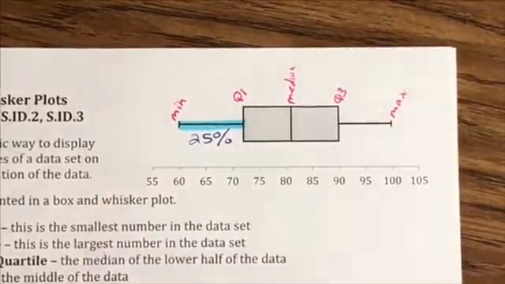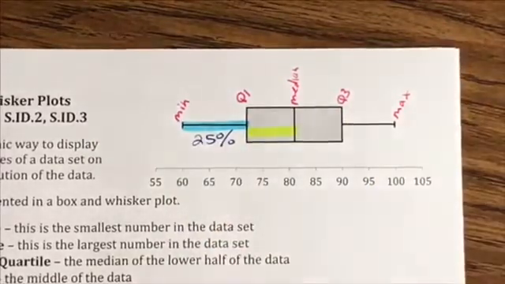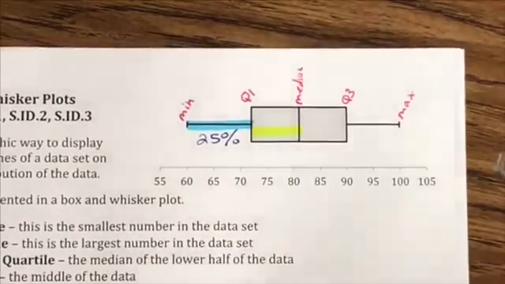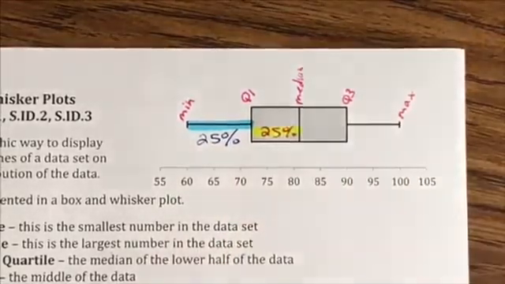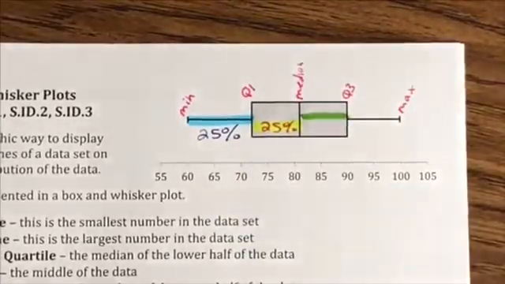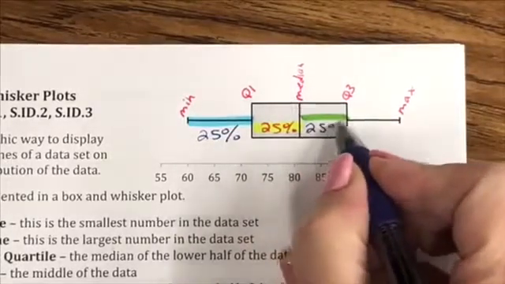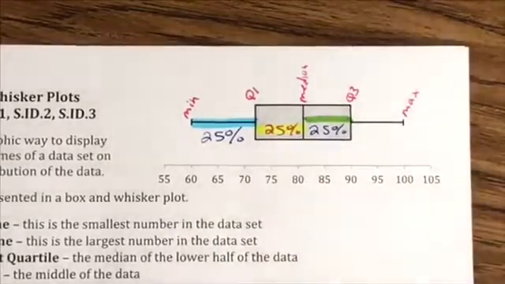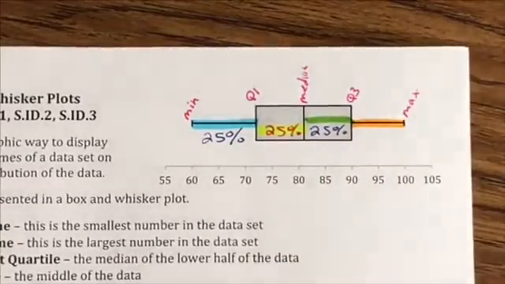Then we have 25% from here to here. So we have another 25% represented in the left side of the box. On the right side of the box, we have another 25% of the data. And then the right-hand side, the right whisker represents the upper 25% of our data.